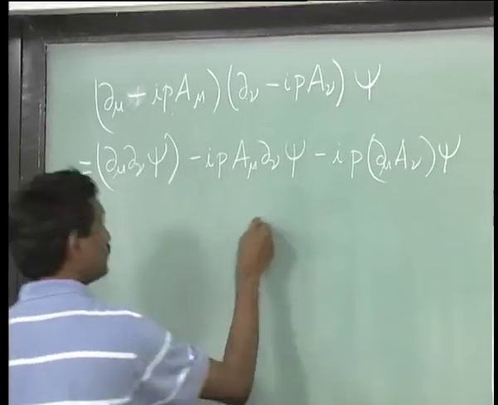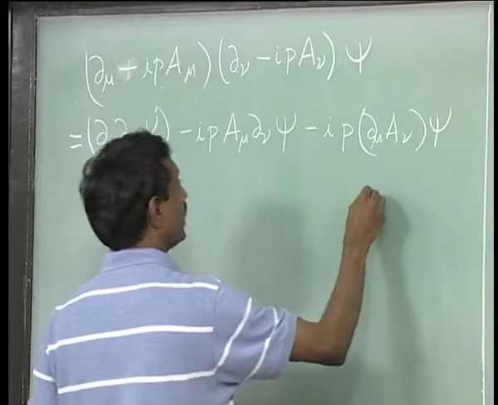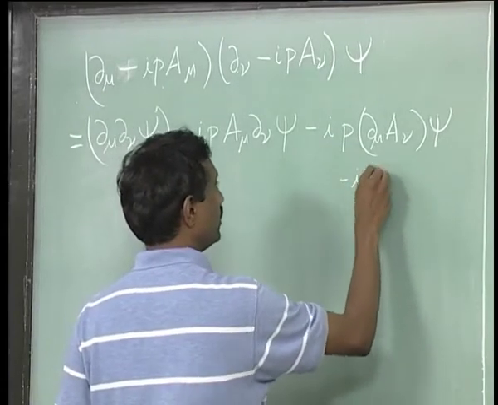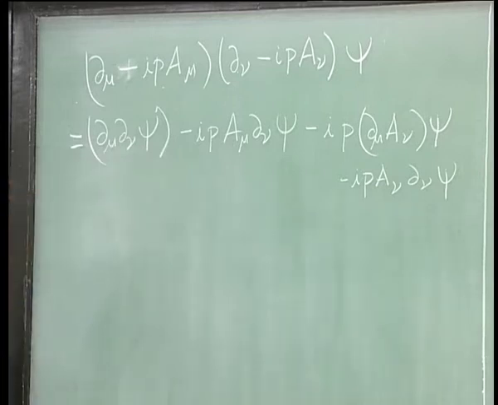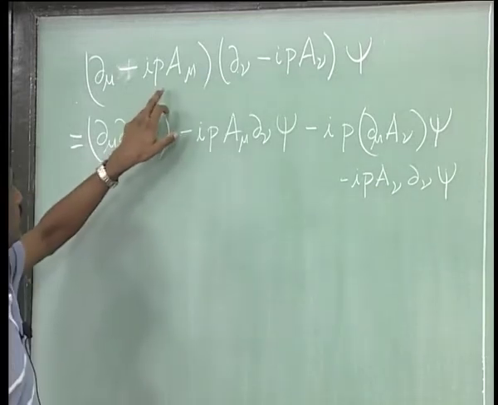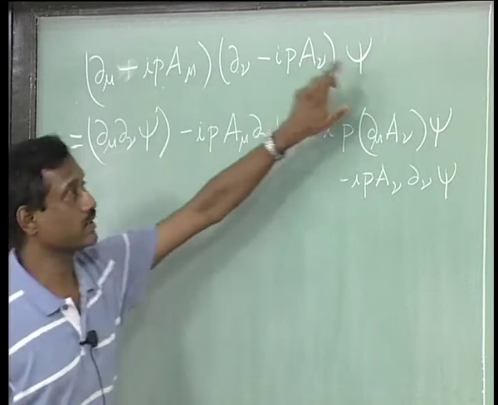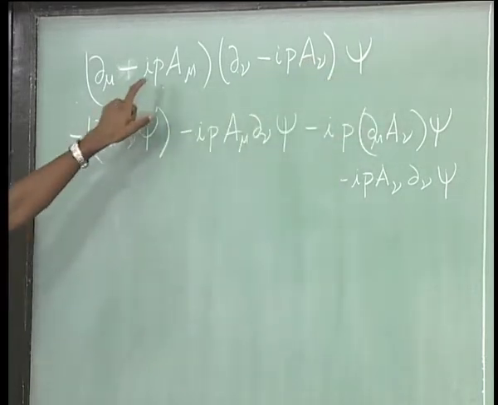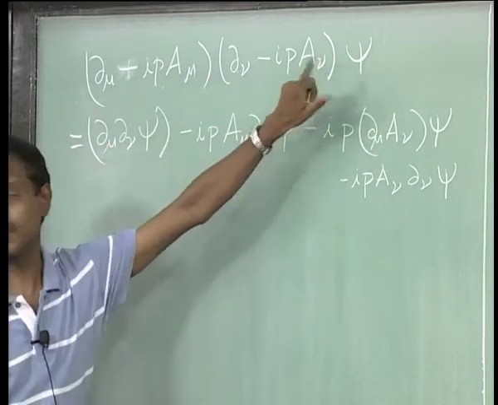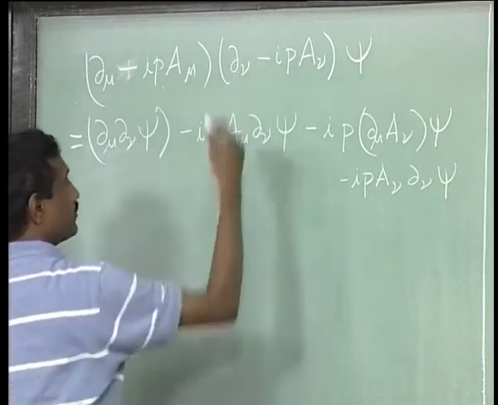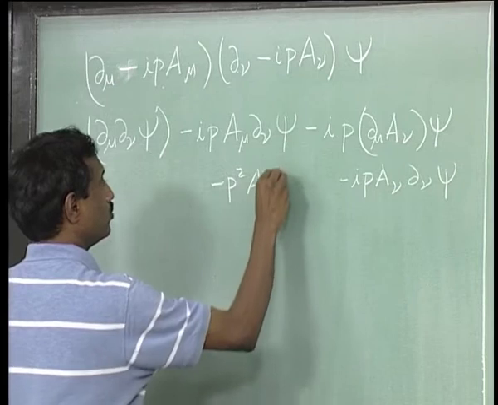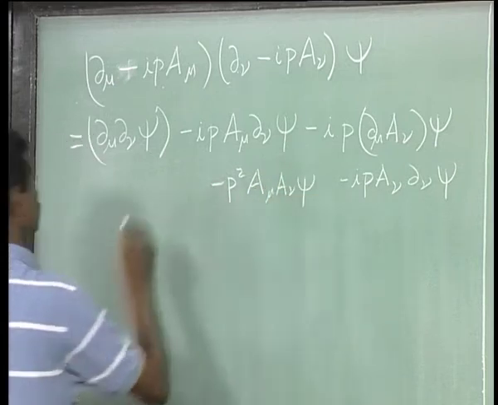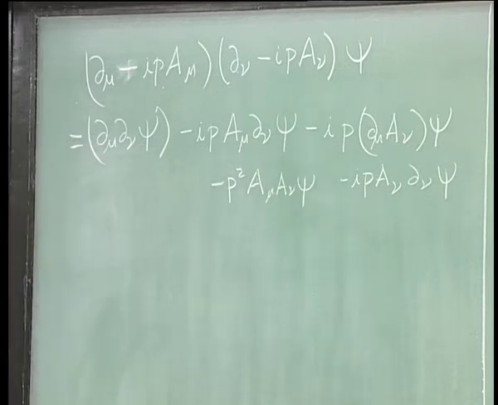Then let me write it below that, minus i p A nu D nu of psi, that is this term when this goes and acts on this. The next one would be when this acts on this, and that is just minus minus will give you a minus p square A mu A nu psi. So, I have written out all the terms, there are 1, 2, 3, 4, 5 terms.